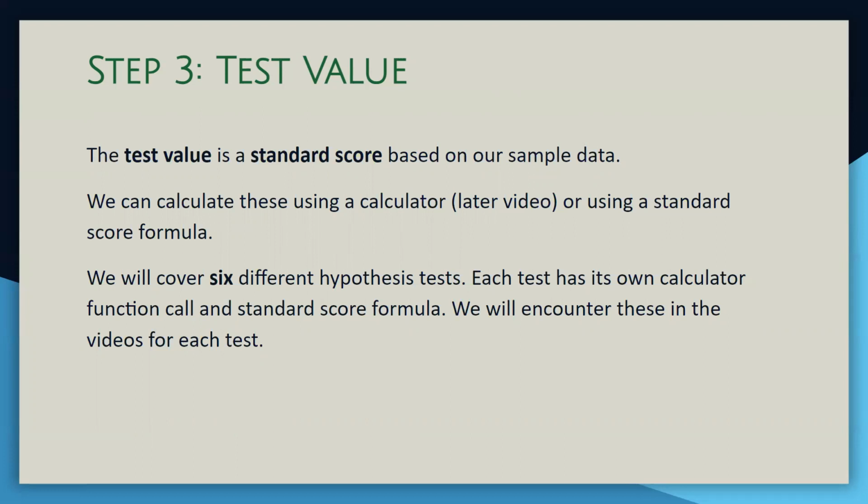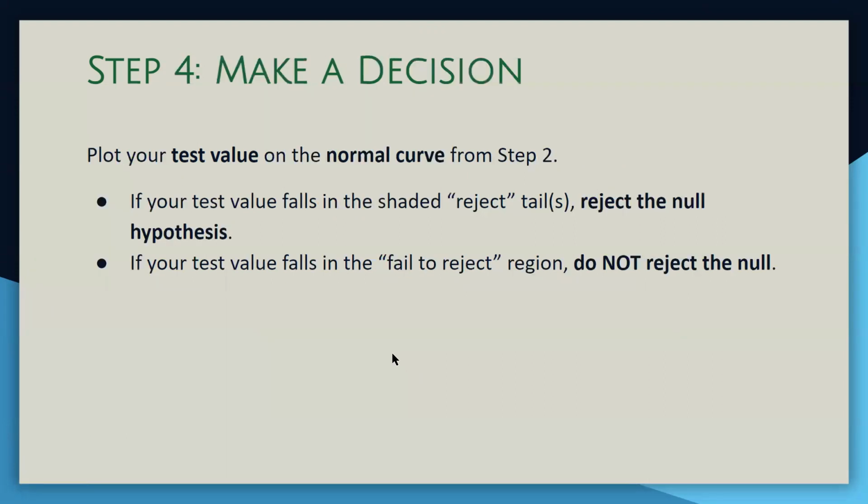We're going to come back to both of those in a later video. This week, we are going to cover 6 different hypothesis tests, and each of those has its own calculator function and its own standard score formula. So again, those are going to come up in the individual videos for each test. But step 3 is where you're actually having to do a statistical calculation.